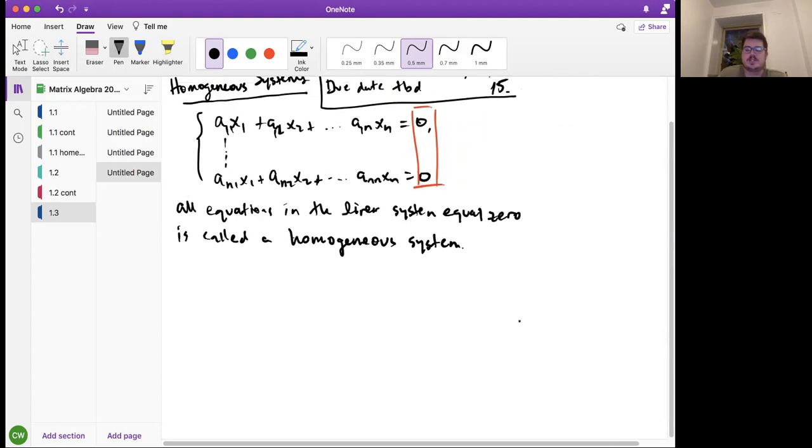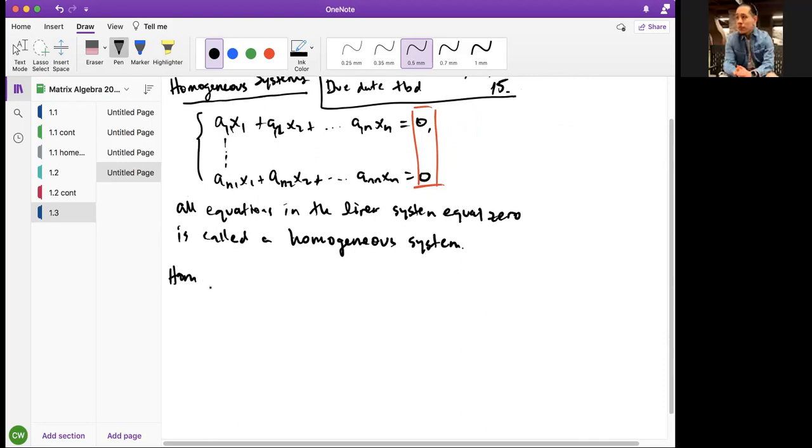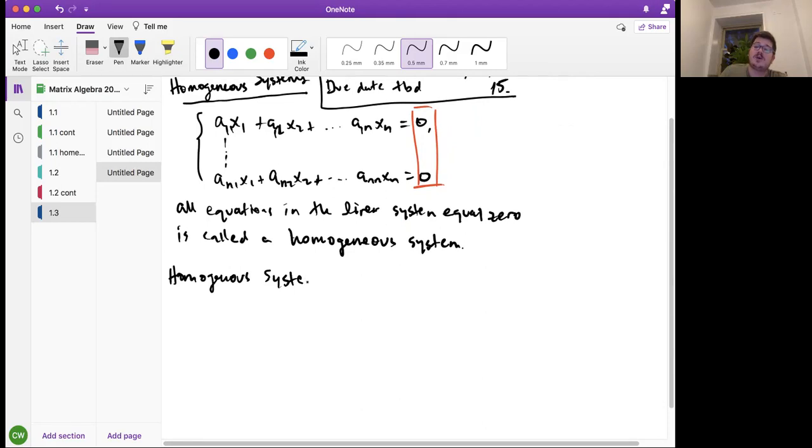So can someone say what's nice about homogeneous systems? This might look familiar. Yeah. Wouldn't it be that the solution will always just be zero? Almost right. Zero is always a solution, but it may not be the only solution.